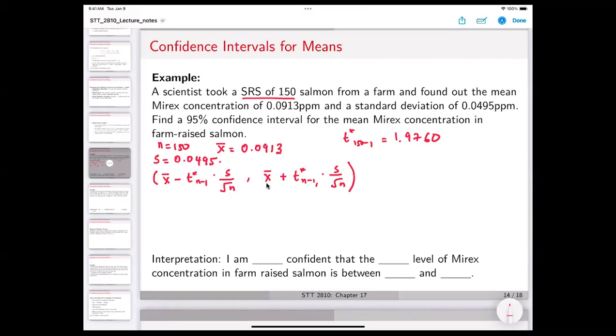So let's try to do that. What is our X bar? Even before we do that, why don't we try to get this thing here? Is that okay? Or you can still write it. So what is our X bar? 0.0913 minus, we got 1.9760, let me write it here.